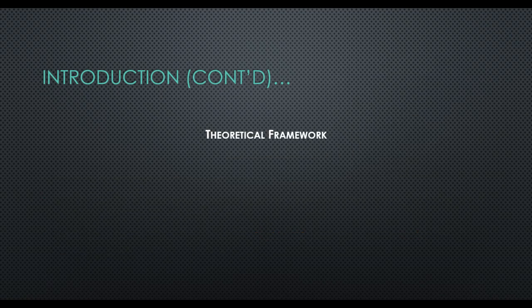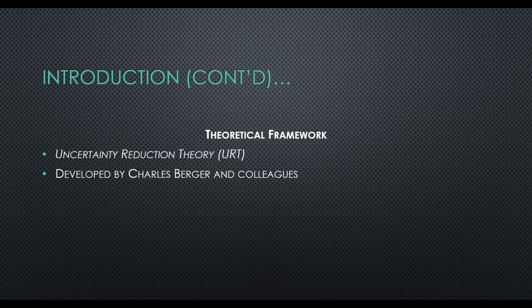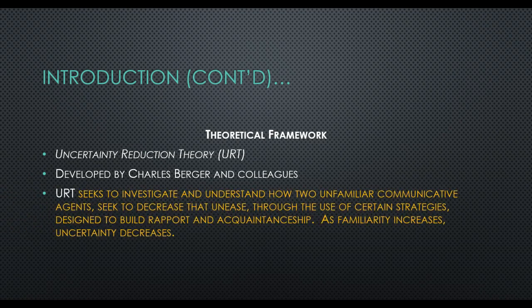So the theoretical framework for this research project, being that it is a communication course, and that one of the prerequisites was to choose a communication theory, was the uncertainty reduction theory of the communication discipline that I chose. It was developed by Charles Berger and his colleagues.